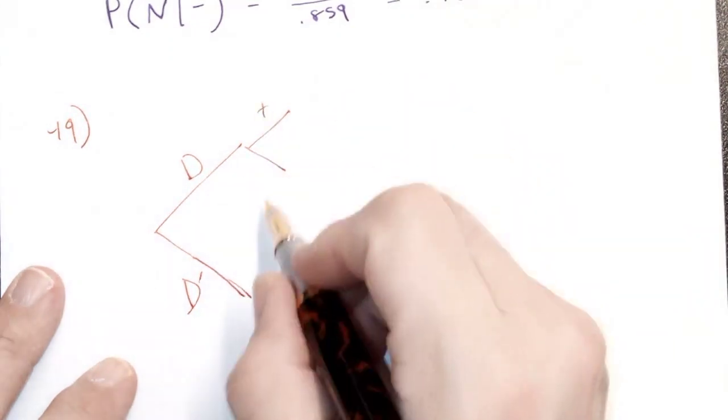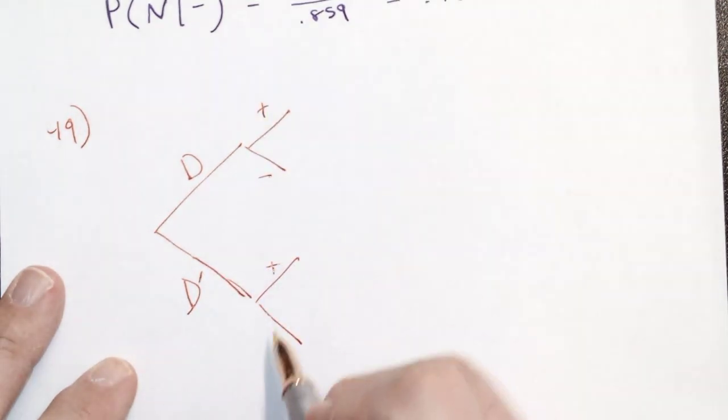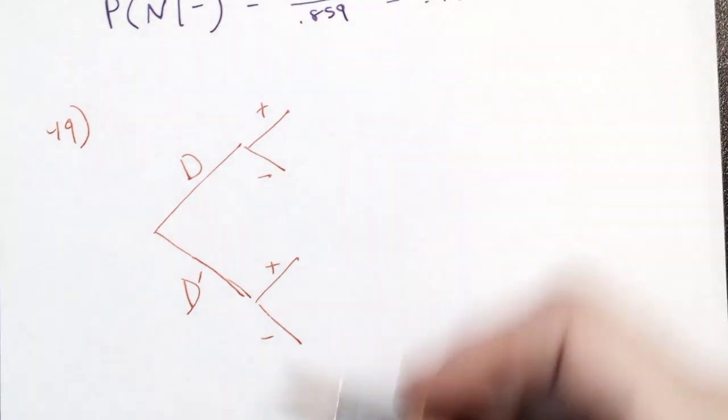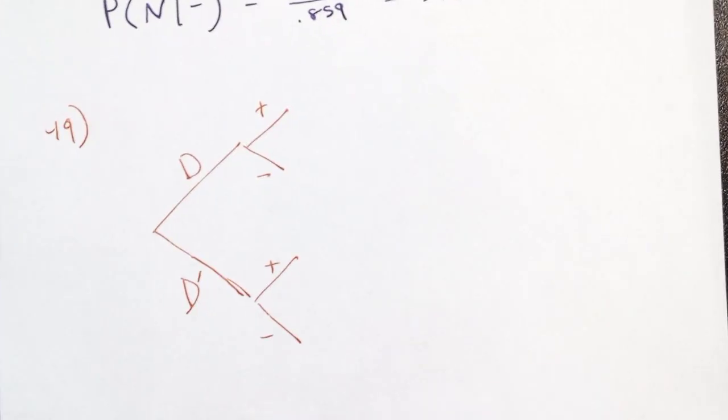I have a positive test, I have a negative test. We were just told there is a 5% false positive. Where would a false positive go on these branches?